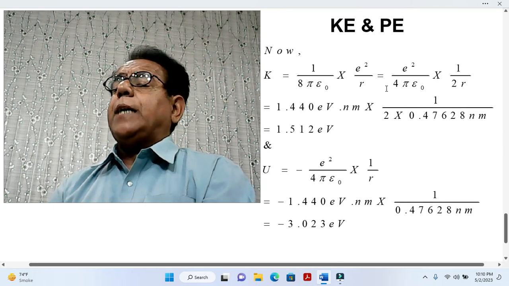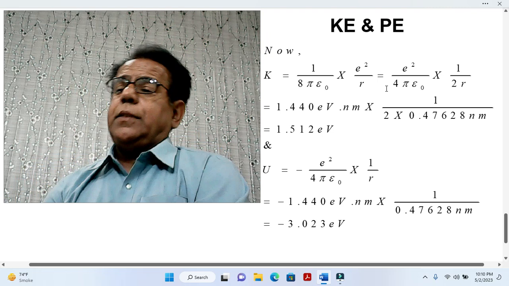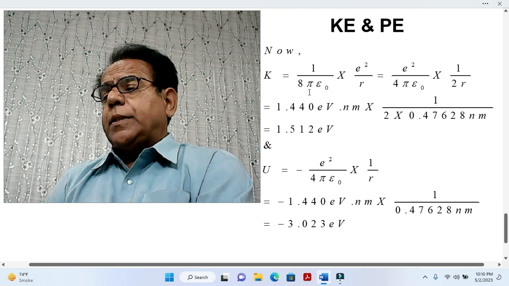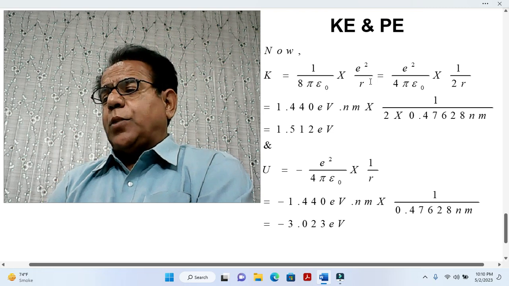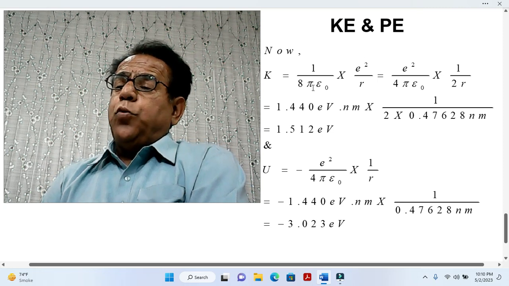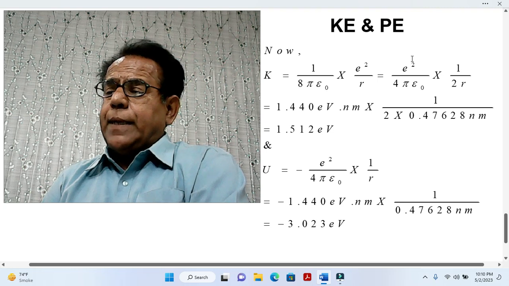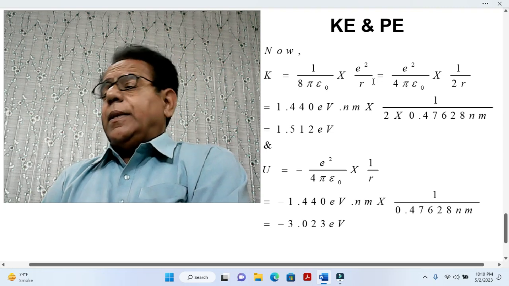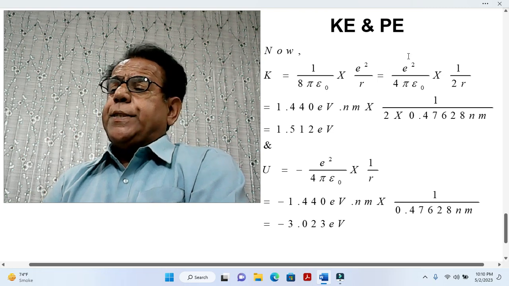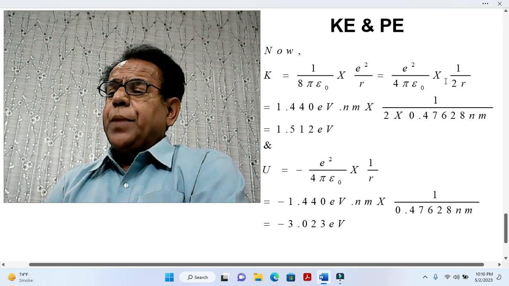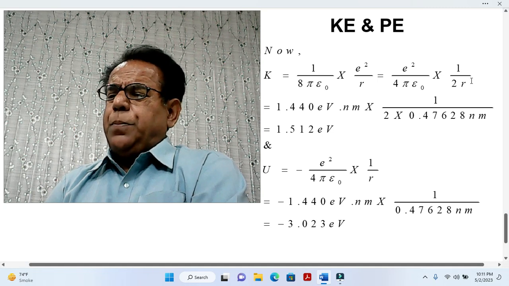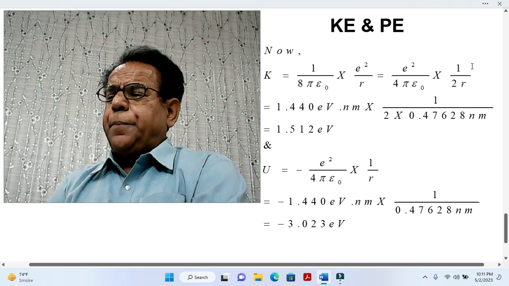Now we come towards kinetic energy and potential energy. Kinetic energy is equal to 1 over 8 pi epsilon naught into E square over R. This becomes equal to, here E square over 4 pi epsilon naught will be separated as an independent factor because we know its value from our table, and the remaining portion of this multiplying portion will be written separately.